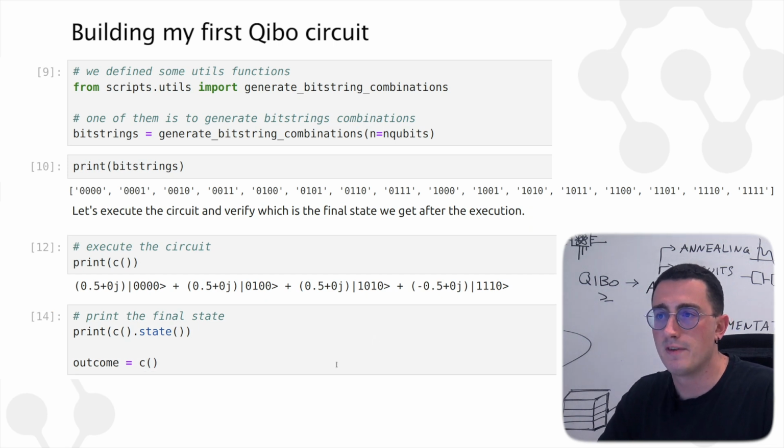So now once you have executed your circuit and you collected the results in some object, like in this case we called it outcome, we can, from outcome, also compute the probability values of the amplitudes.